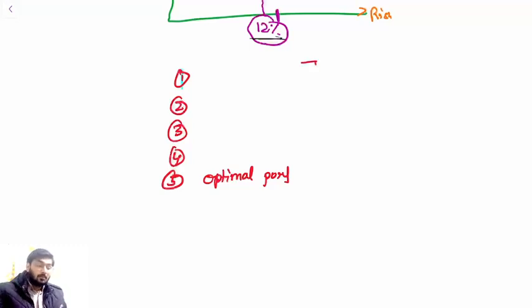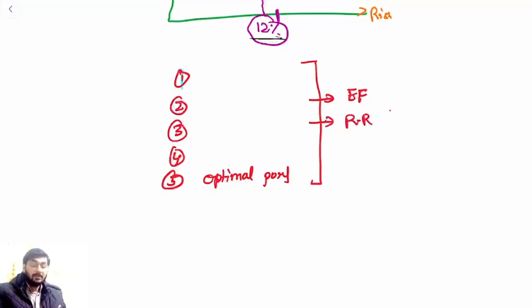Now, in modern portfolio theory, key concepts have been introduced. One is your efficient frontier. This is the first point. Clear? Then we will study the risk and return trade-off, which means if you increase your risk, the expected return can also increase. Introduction of covariance and correlation.